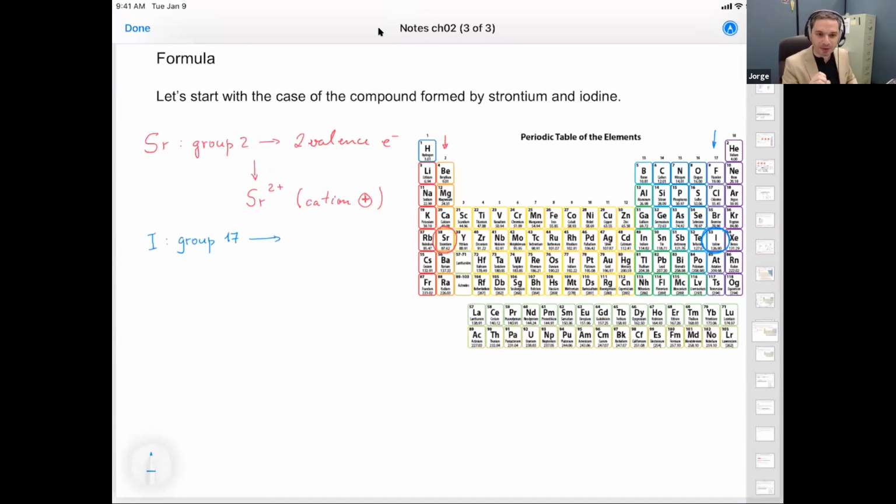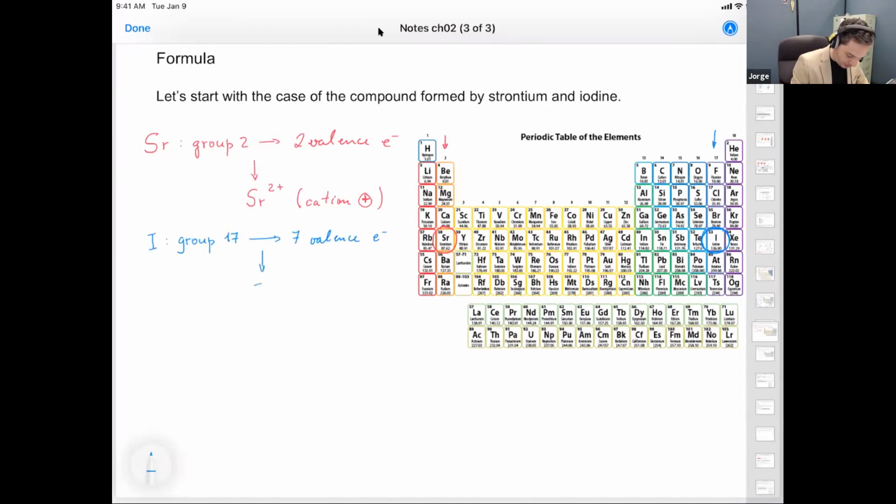Seventeen minus 10, that gives us 7 valence electrons. 7 valence electrons is not stable, but it's really close to the stability.